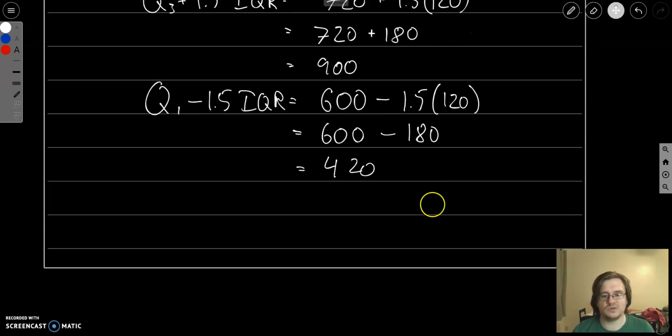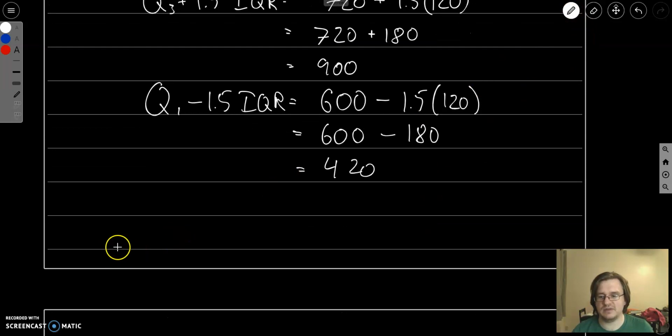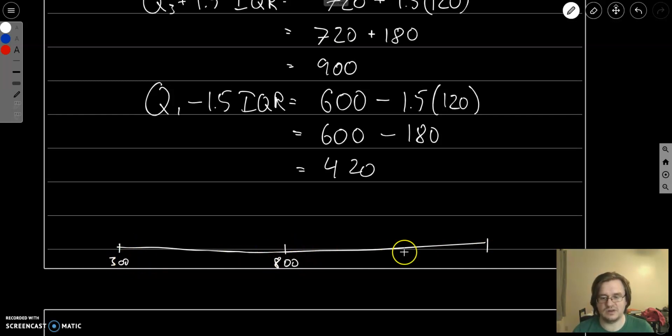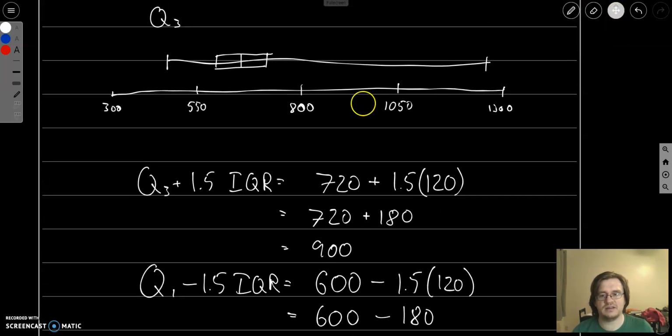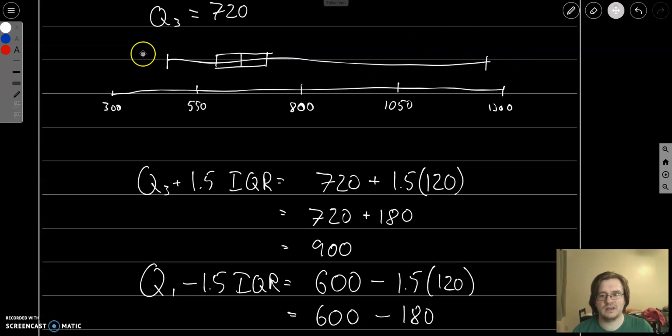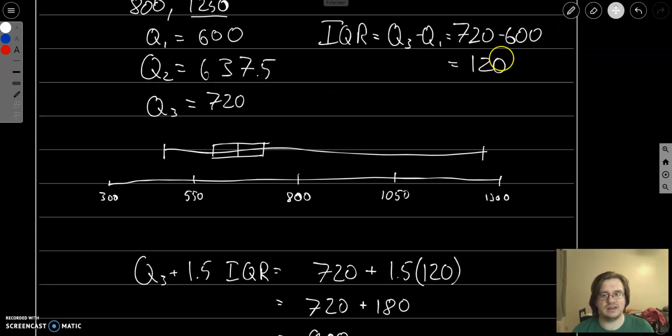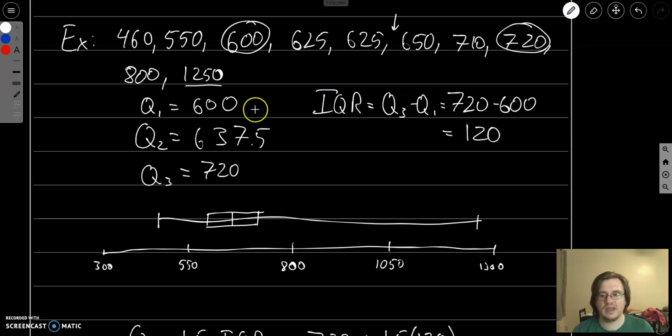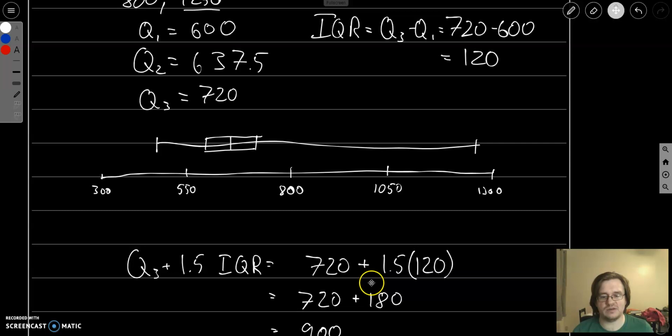So what we'll do instead is draw that same plot. 300, 800, 1,500, and rather than connecting all of this, I'll take this line and mark 800 as the biggest value that's not an outlier.